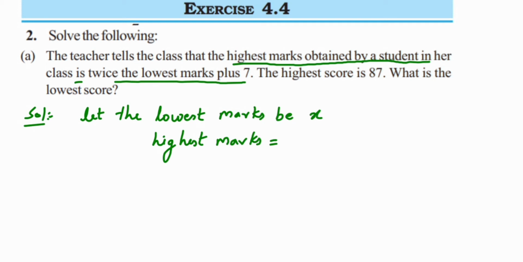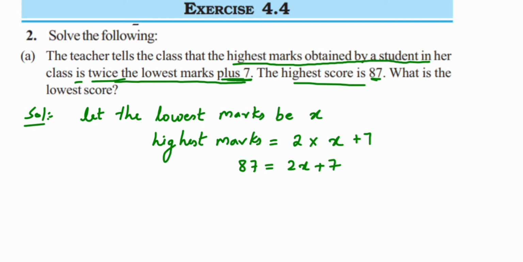Twice means 2 times the lowest marks, so 2 into x, plus 7. But in the question they have also given highest marks is equal to 87. So 87 is equal to 2x plus 7. So this is the equation we have got and we have to just solve for x and get the answer.